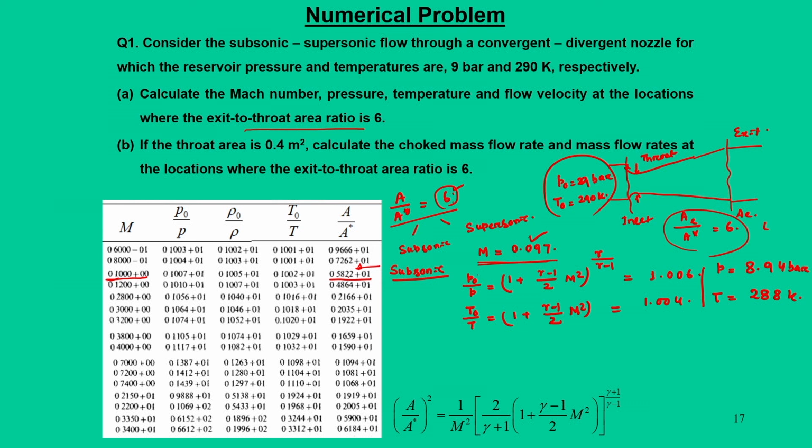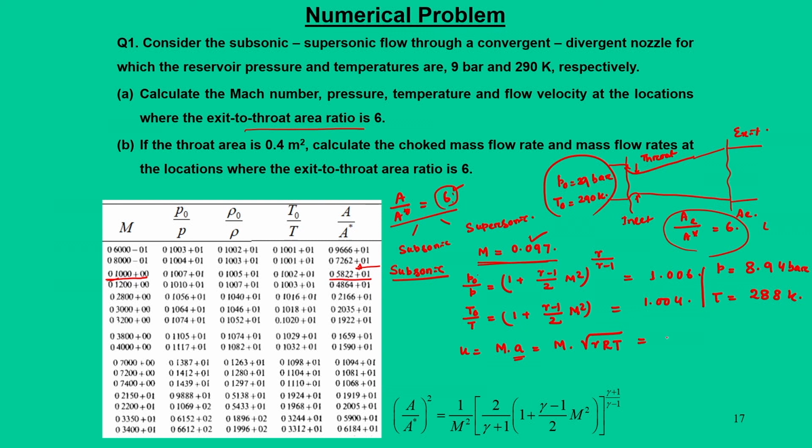And what we also require, we got Mach number, we got pressure, temperature, now we have to find the flow velocity. So, flow velocity U is nothing but Mach number M into A. A is nothing but speed of sound, Mach number is known. So, M into square root of gamma R T. Temperature is known, gamma for air 1.4, R is 287.